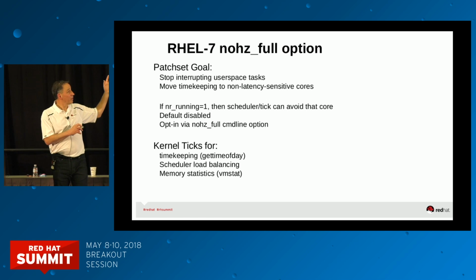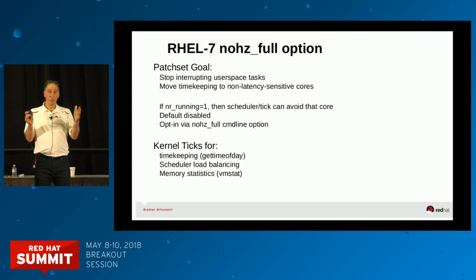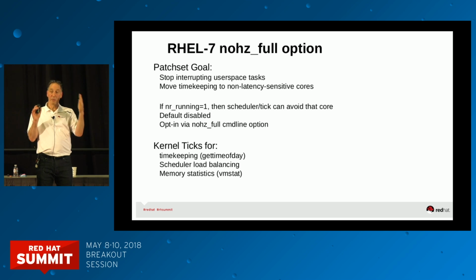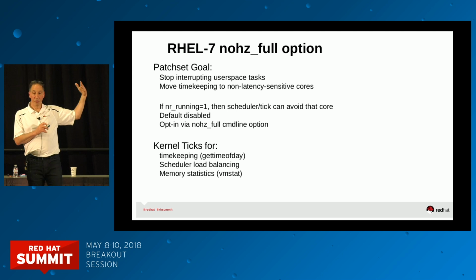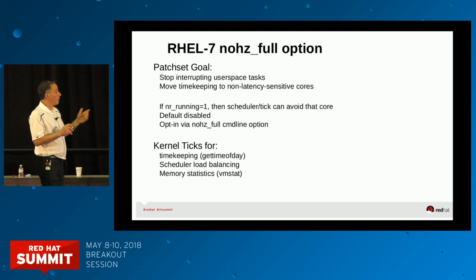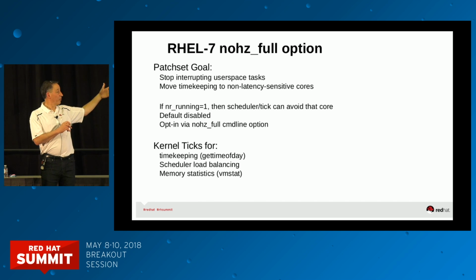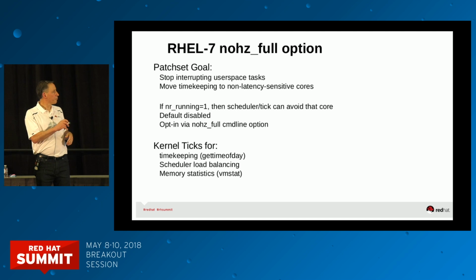In RHEL 7, we came out with nohz_full, and that says if you're the only one running on that CPU, then you'll only be interrupted for a clock tick once per second, not 1,000 times a second. If you have more than one process running on it, then you're back to 1,000 ticks a second. But those ticks are for timekeeping, the scheduler load balancing, and memory statistics.